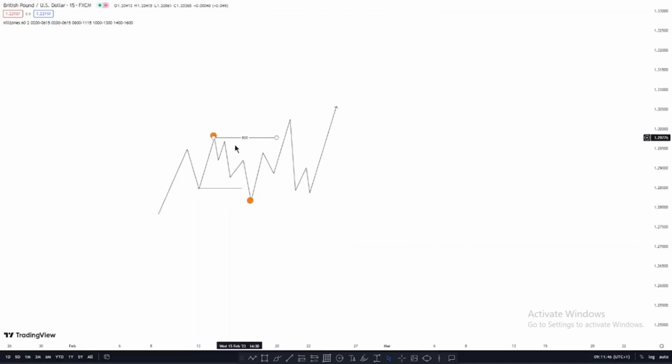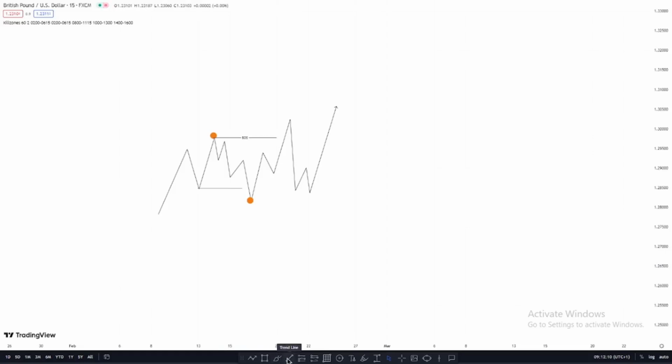So instead of marking out their major structural points in the market, traders go ahead and mark out their internal structures, which has been misleading a lot of traders and has led them to lose their accounts. For instance, let me show that to you guys.